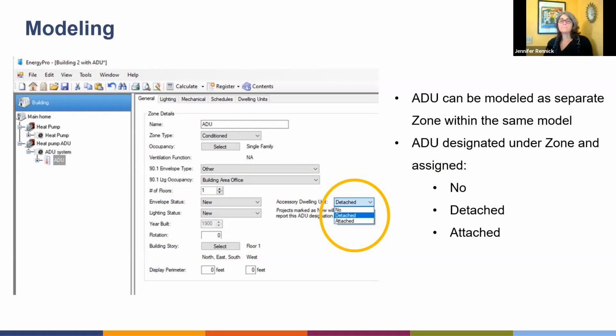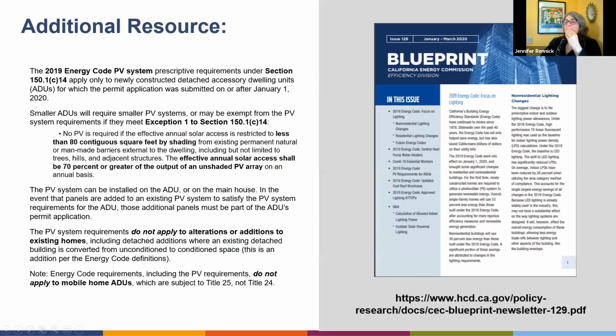And that's going to help put you on course when the energy consultant is doing the modeling to know which of these things are going to be triggered. There's a great resource on this, and this particular issue of the blueprint from the CEC really spells it out. I think it goes into great depth.